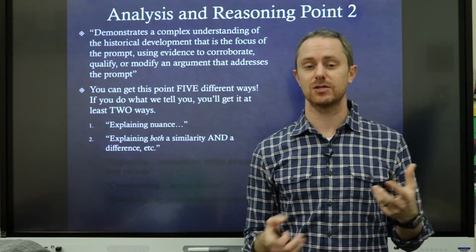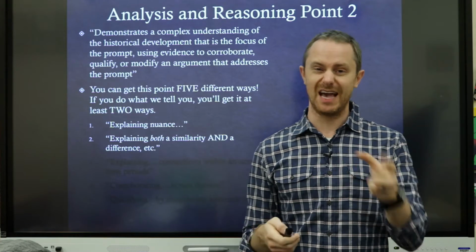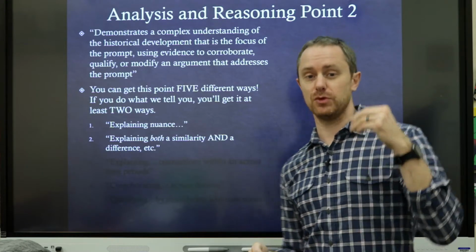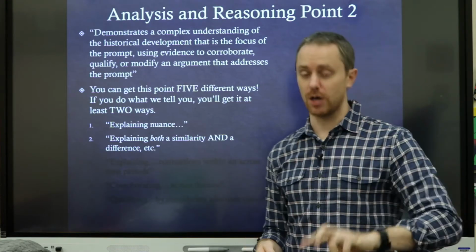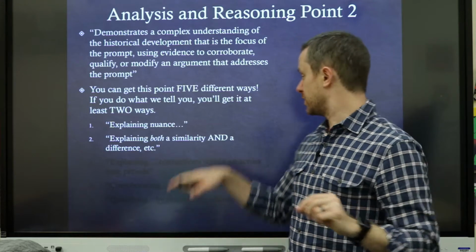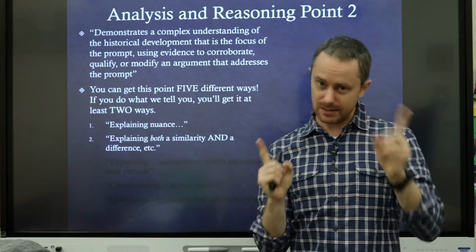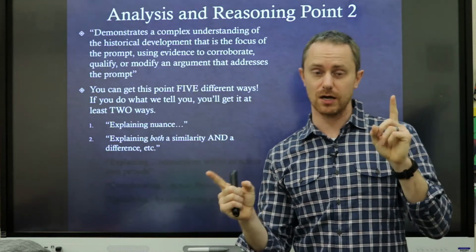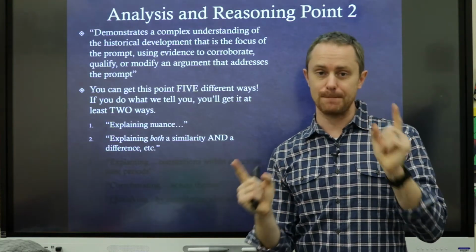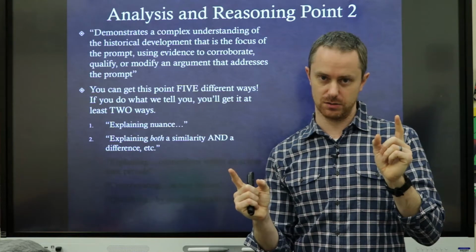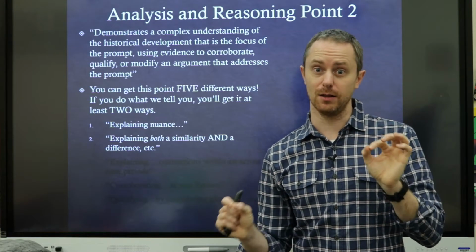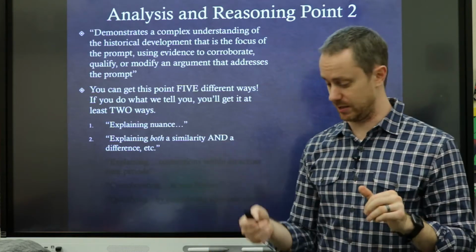Again, because the chances are you can fill in those blanks as you go. I suggest you do this naturally, regardless of what the prompt is, particularly for a comparison prompt. If you have two things or people or places that you're talking about, you are inherently comparing similarities and differences. You just have to spell it out a little bit for the reader and you'll probably get that complexity point.